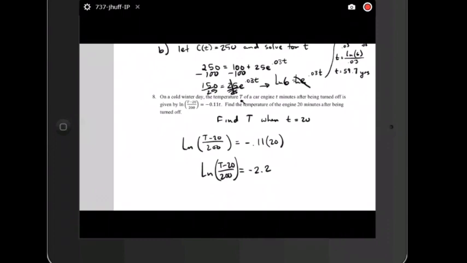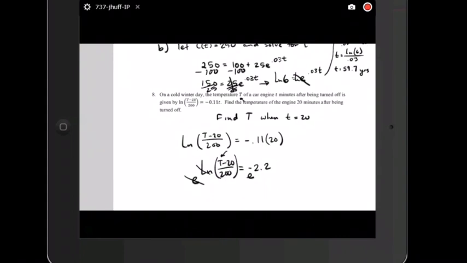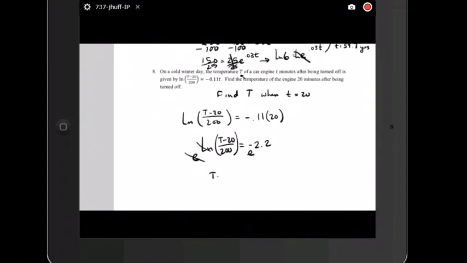Now we're solving for big T, capital T, which is inside of a logarithm. And you can't solve for variables if they're inside of a logarithm, so we need to cancel a logarithm, and we know what cancels logarithms. It's a base that cancels a logarithm, and if we have natural log, then we're going to use a base e on both sides. A base e cancels the natural log, so we have T minus 20 over 200 equals e to the negative 2.2.